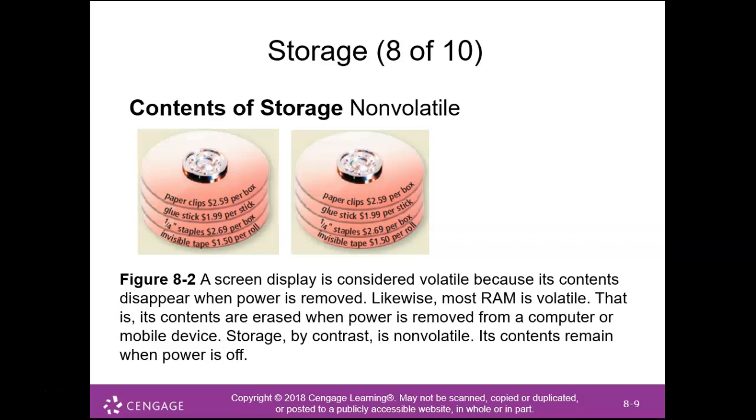Now, some storage is non-volatile, as we've discussed. So non-volatile memory, as a review, is a type of memory in which data remains stored even if it's powered off. ROM, read-only memory, is non-volatile, whereas RAM, we just discussed, is volatile.